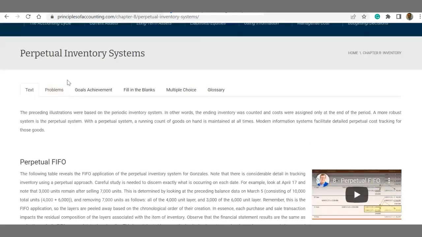I was talking about perpetual method. So what is perpetual method? Under perpetual method, that means perpetually, constantly, you can have information about your cost of goods sold and inventory balance at any given time.